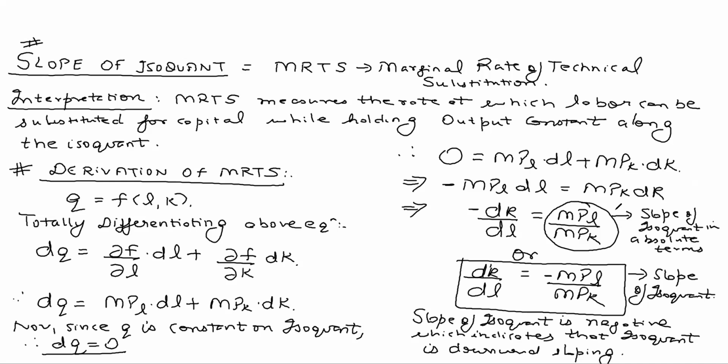But if you look at the slope of the isoquant, it is negative. Why? Because isoquants are downward sloping. To produce the same level of output, if you hire more labor, you need to give up some amount of capital.